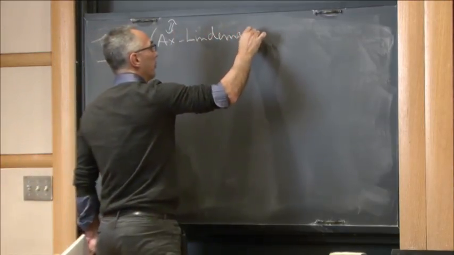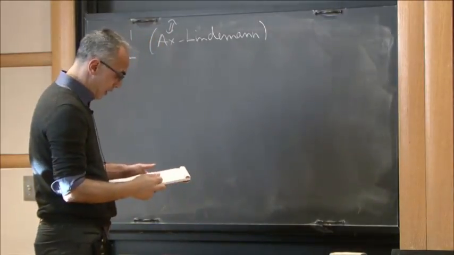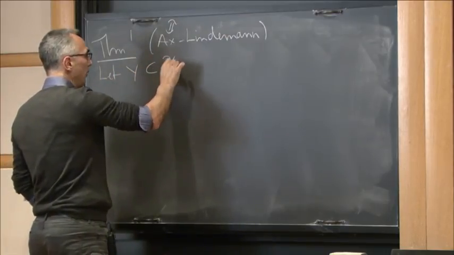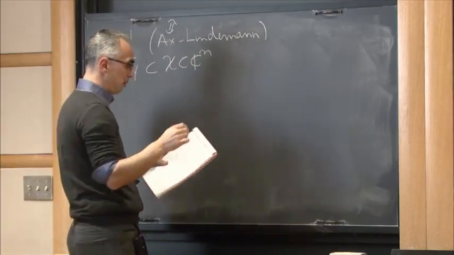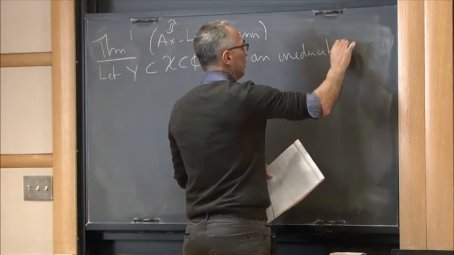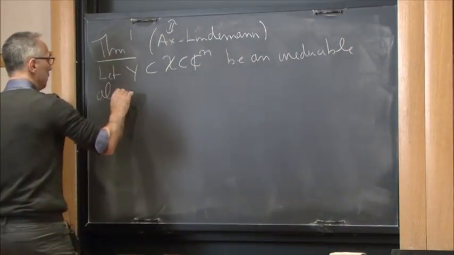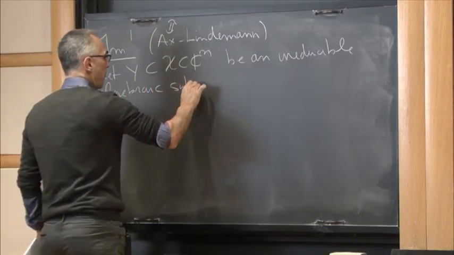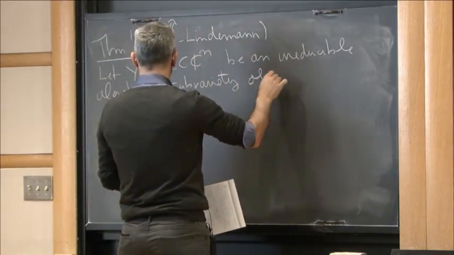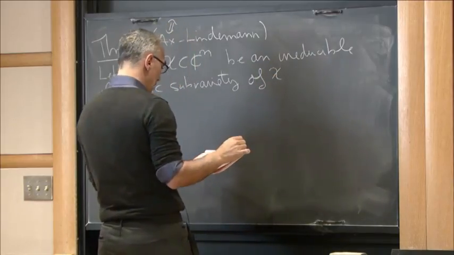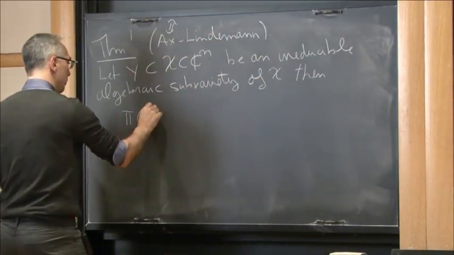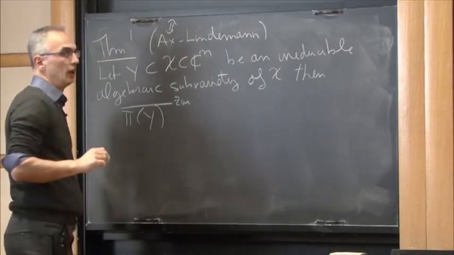The way of formulating it: let Y inside X be an irreducible algebraic subvariety of X, then you take the image and you take the Zariski closure, and this is weakly special.